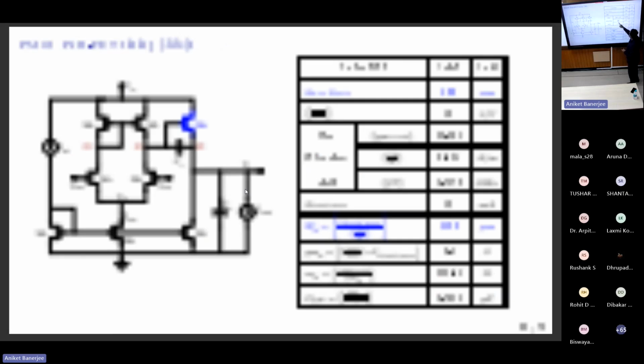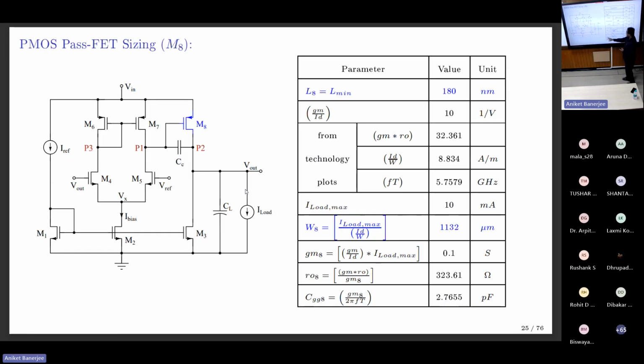How to find RO? RO is RO8. RO8 is a small number, say around 323 ohms, while RO3 will be in kilo ohms or mega ohms. A small resistance in parallel with a big resistance is only the small resistance. These are from the text plots.